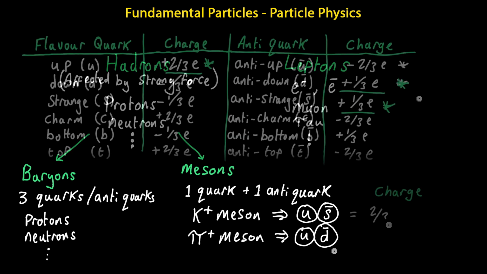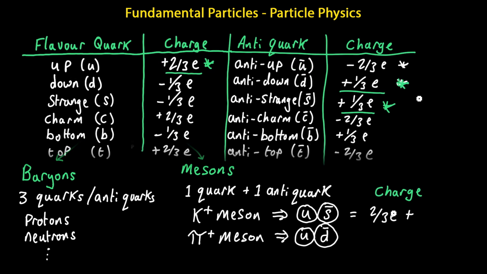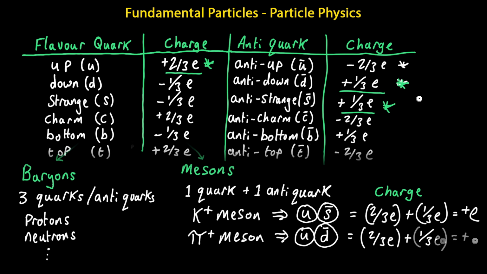If we have a look at the K+ meson and sum up the charges, we end up with a whole number, a positive 1e for the charge. For the Pi+ meson, we've got an up quark and an anti-down quark, and this also sums to a positive 1e.